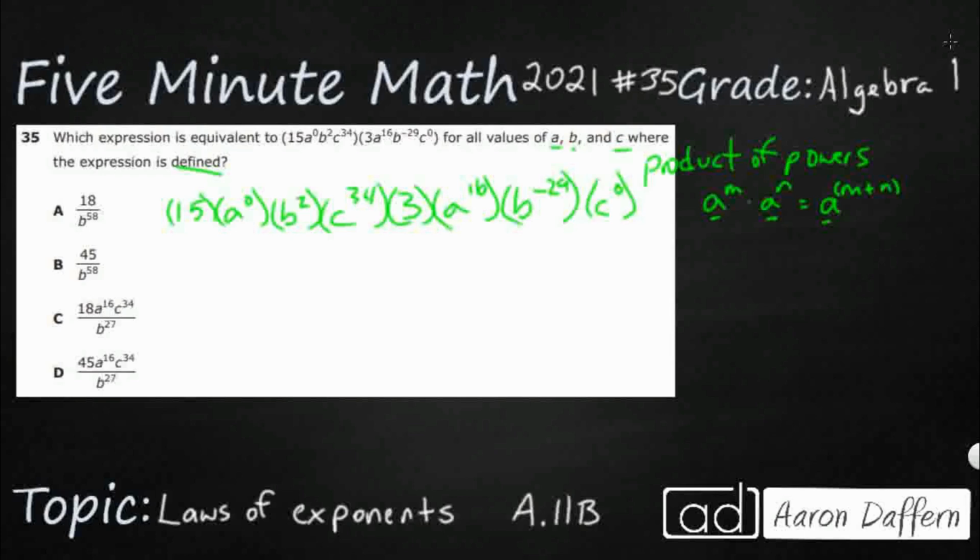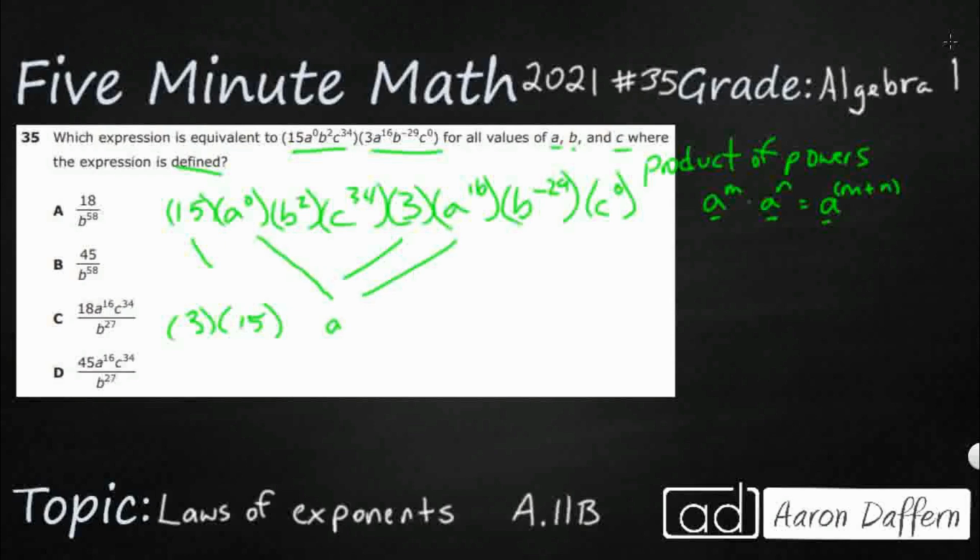All right, even though they squished it into two big chunks, we can divide everything up into individual terms. And what I'm looking for are like terms. Okay, I'm looking for things that are similar. So I could take that 3 and that 15, and I can multiply them. Right? That's going to be easy. I can take my A's. I've got an A here, and I've got an A here.